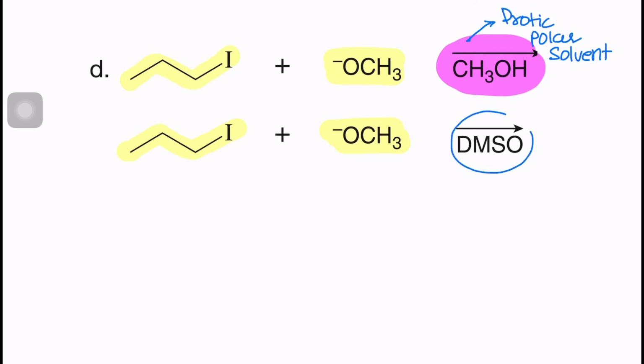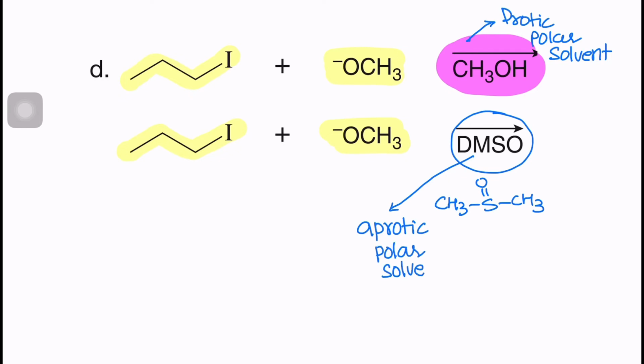And DMSO, that is dimethyl sulfoxide, is basically an aprotic polar solvent. And as we discussed, the SN2 reaction is favored by aprotic polar solvent. Then in this case, the second reaction will be the faster one. So in this case, the second one will be the winner.